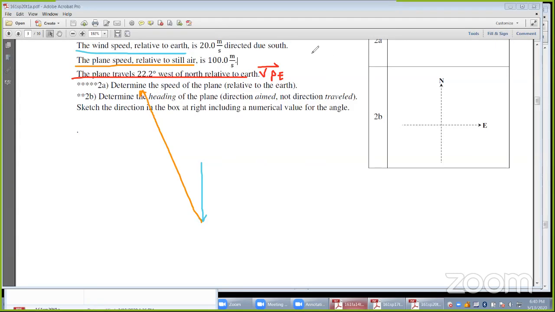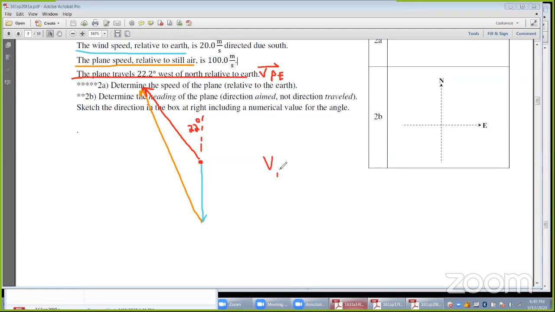Okay. And again, this is the first tail. This is the last tip. It's going to end up going this way, where this angle right here is the 22. How do I know that? Because I know VPE.